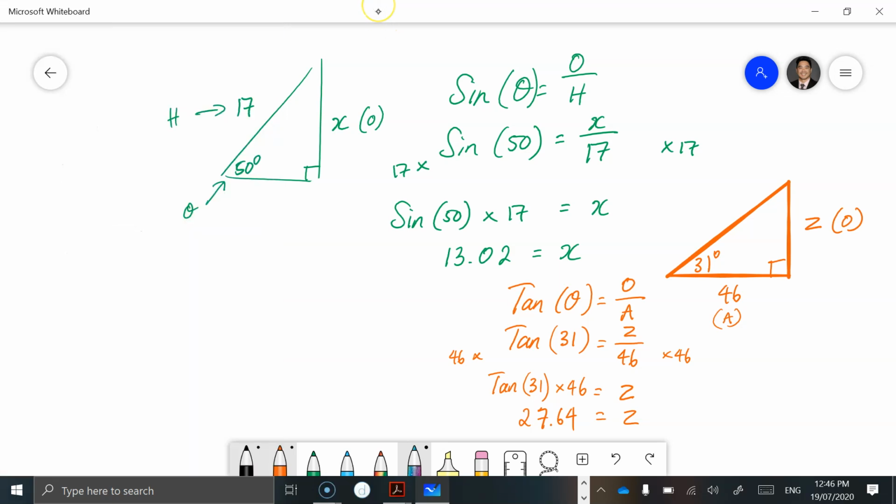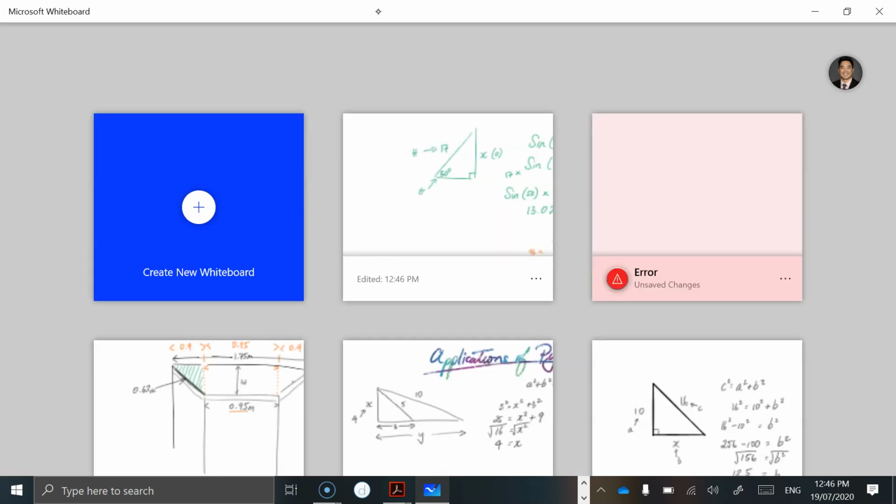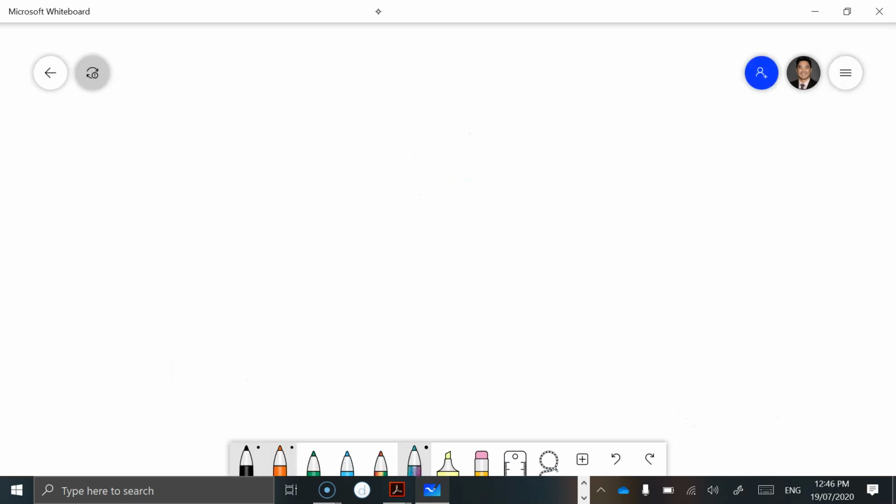Alrighty, let's do one more, and in this case we'll do something a little bit simpler where we have this triangle and we want to work out the hypotenuse. We don't know what that is. We'll make this angle 47 degrees, and let's pick a number for this side, let's call it 12.